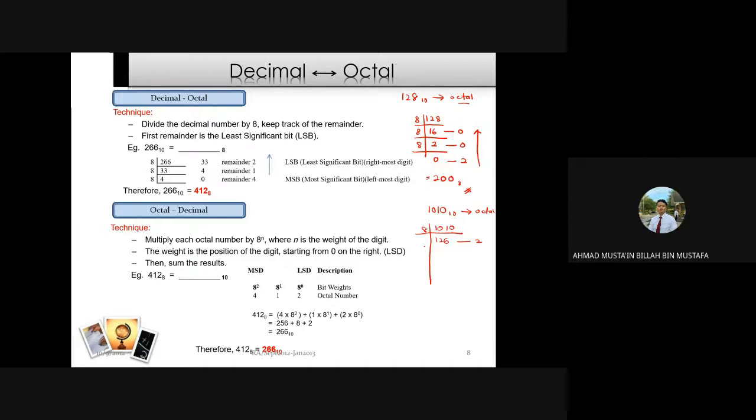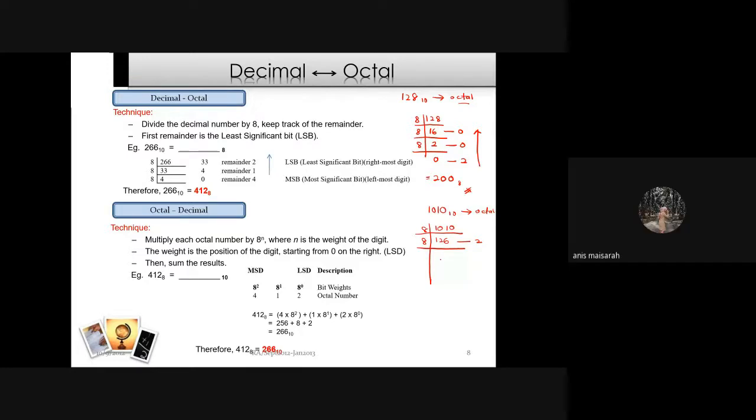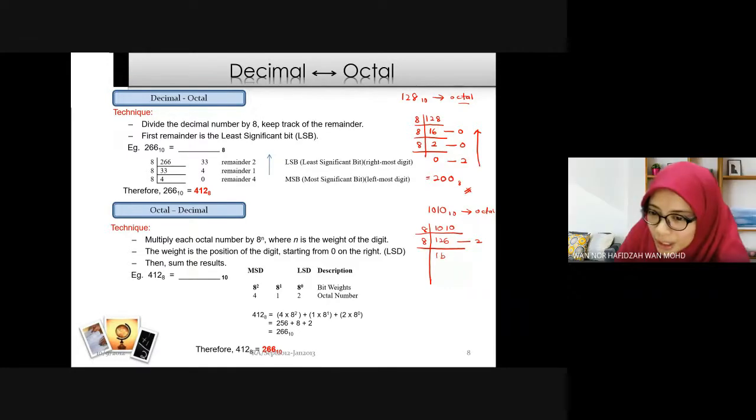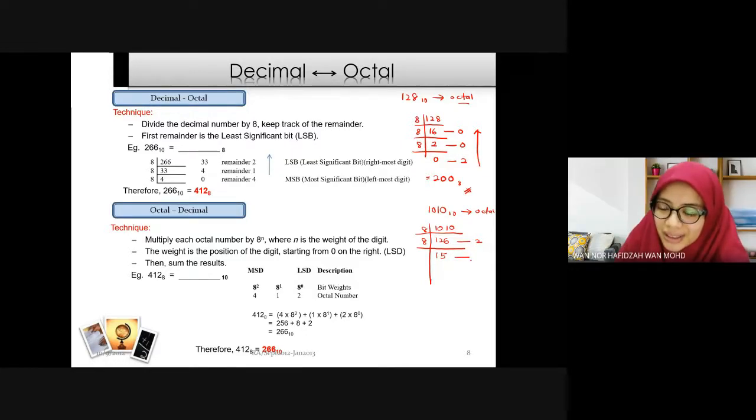Right? Okay. So 126 divided by 8. 15.75. So the remainder times 8.